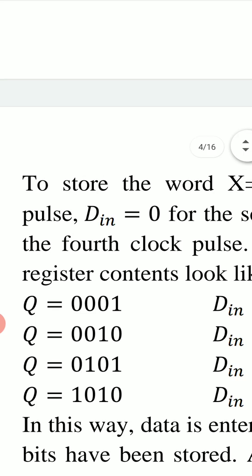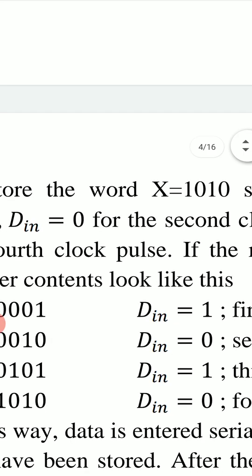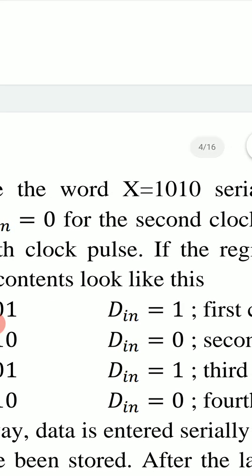pulse. If we want to store this word x equal to 1010, first we will put D in equal to 1. 1 is the bit in this word in left side. So first put D in equal to 1, this bit of left side.